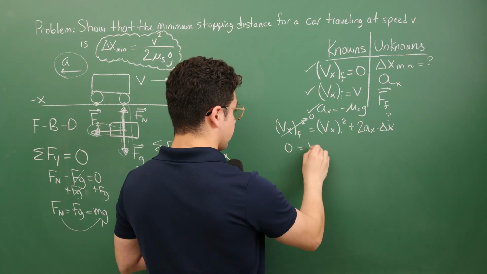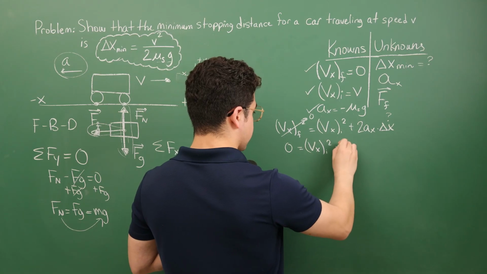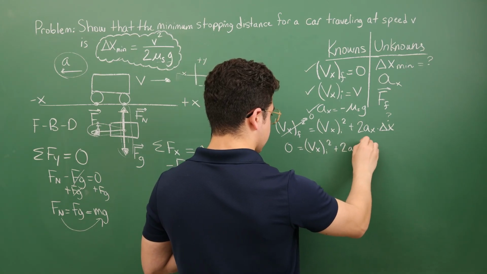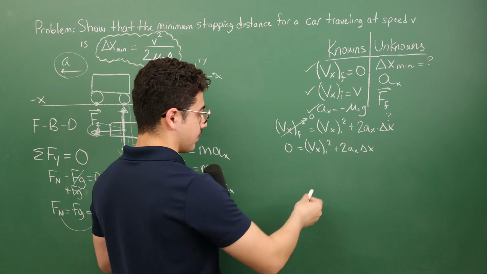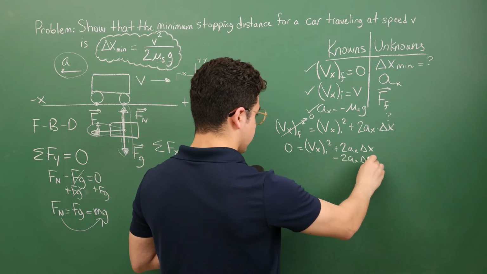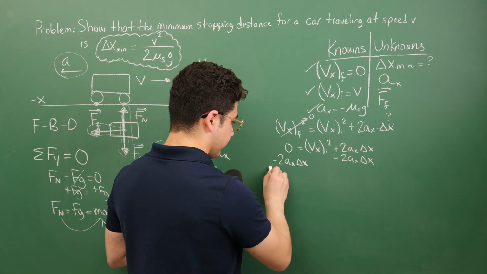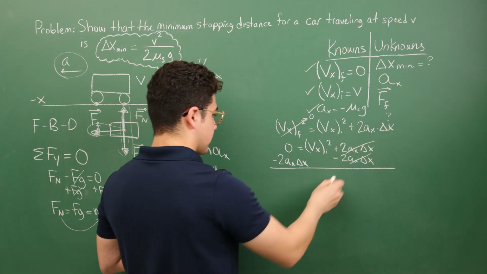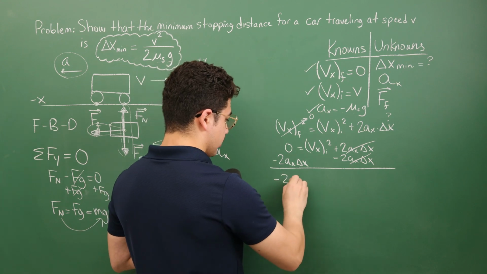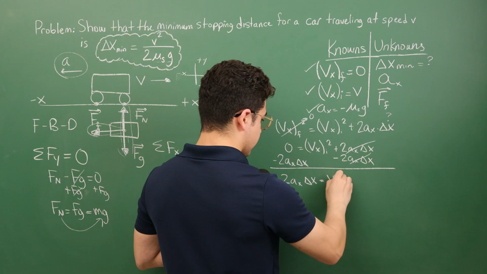So this is going to become vxi squared plus 2ax delta x. I'm just going to subtract the 2ax delta x to the other side. It's going to cancel that, cancel that. So I'm going to get minus 2ax delta x equals vxi squared.